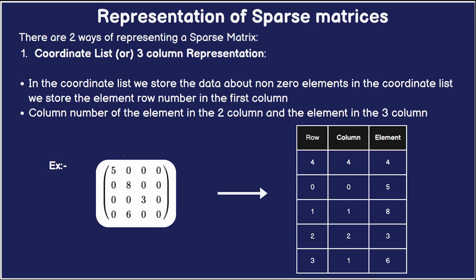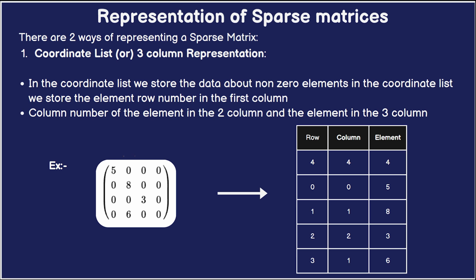Now we will see the representation of sparse matrices. We will store the non-zero elements instead of the zero elements to reduce the memory space. There are commonly two ways of representing a sparse matrix. The first one is the coordinate list, or the three-column representation. In the coordinate list, we store the data in a 2D array which has three columns: row, column and element. The first row represents the dimensions of the matrix and the number of non-zero elements present in the matrix.